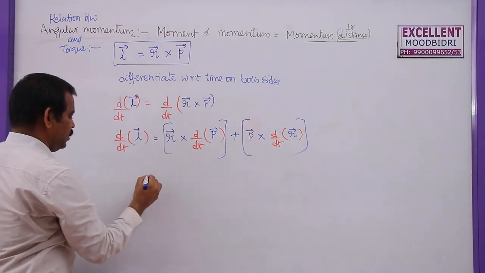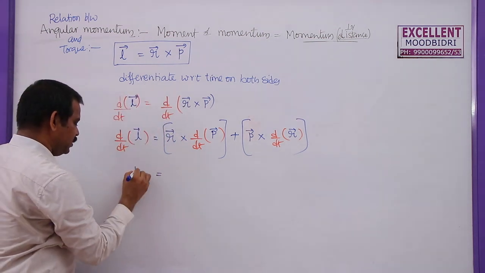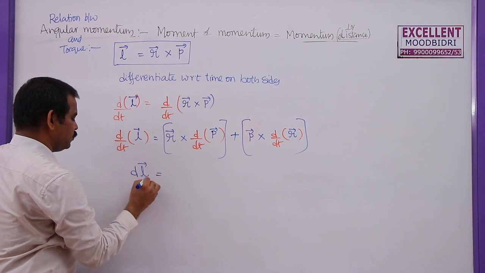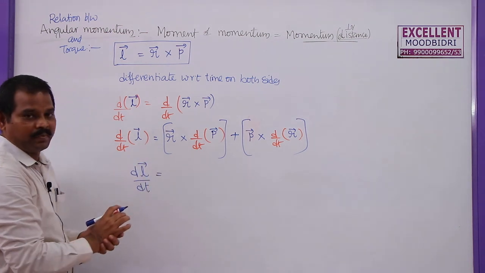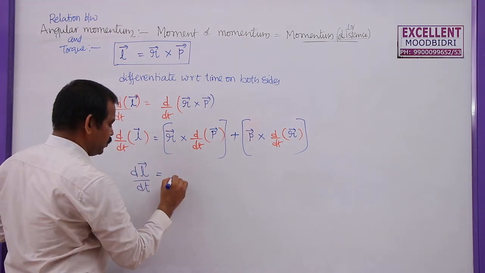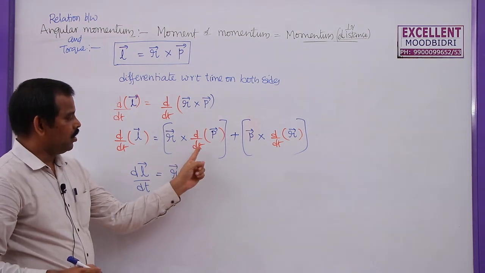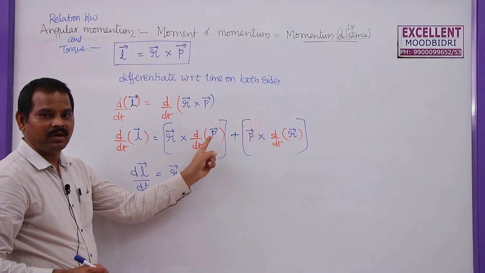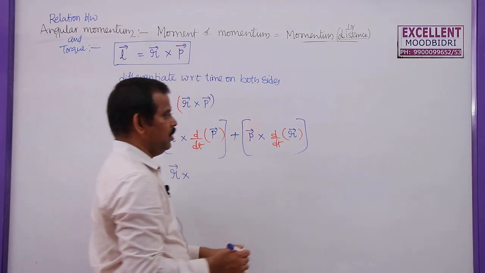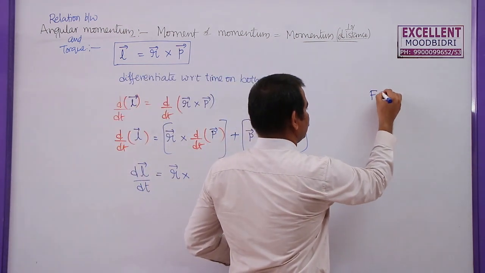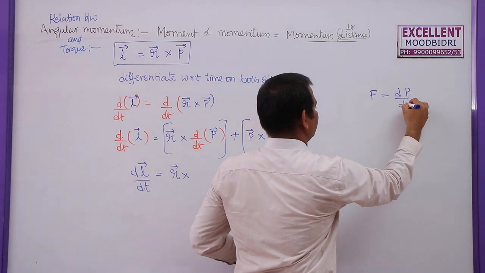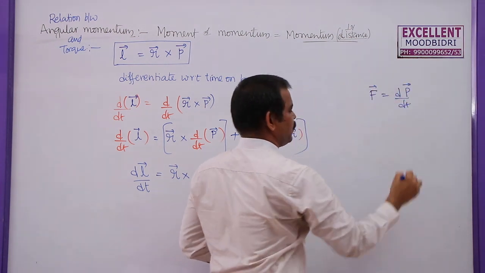Now, this dL by dt, or derivative of angular momentum with respect to time, is given by R bar cross, what is the rate of change in linear momentum? According to Newton's second law, F bar is equal to dp by dt.